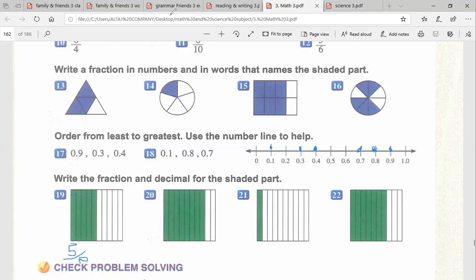So we have 5 over 10. And the decimal point is 0.5.